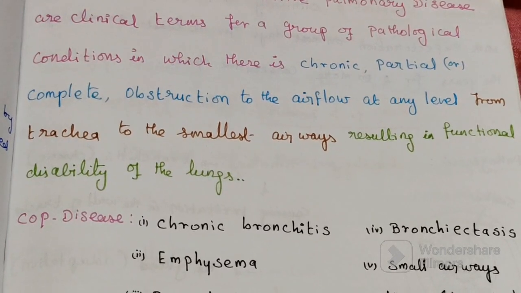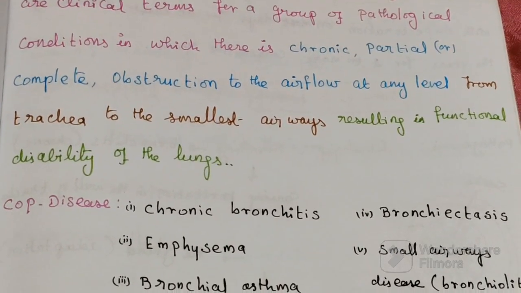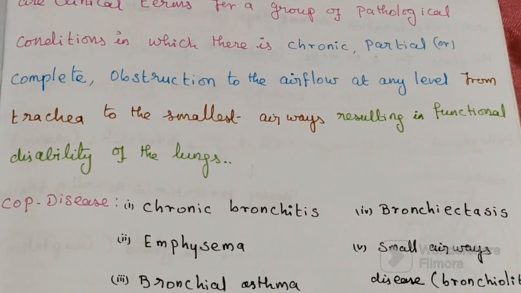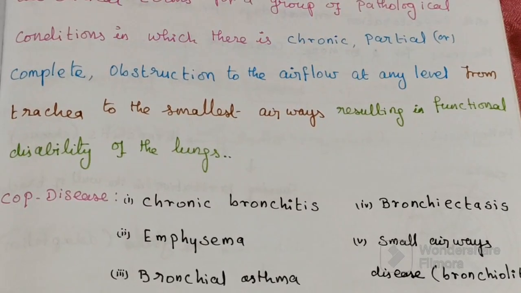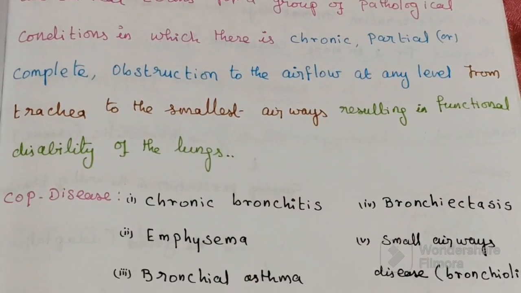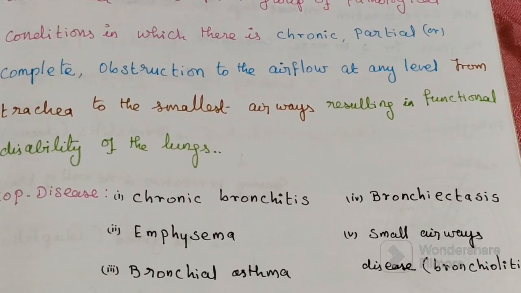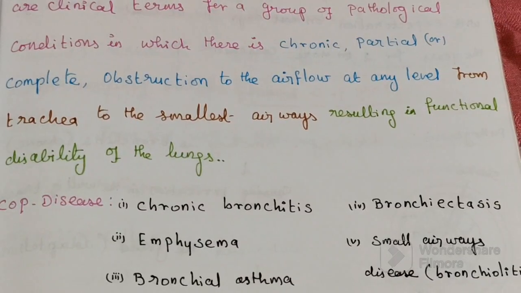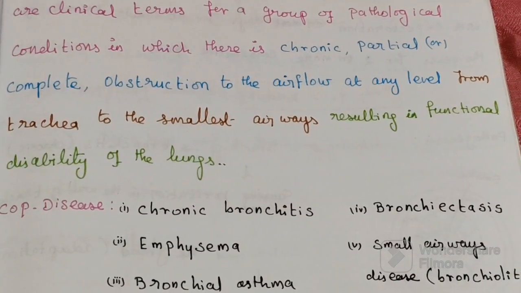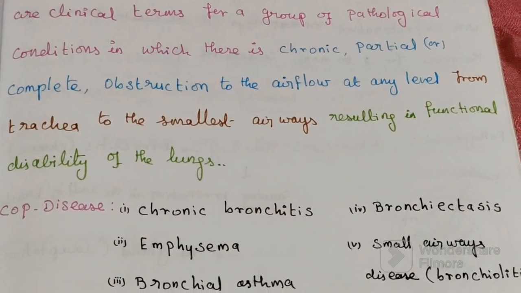So COPD is a group of disorders, all chronic and all obstructive, but the obstruction can be at any level, from the trachea till the alveolar sac.